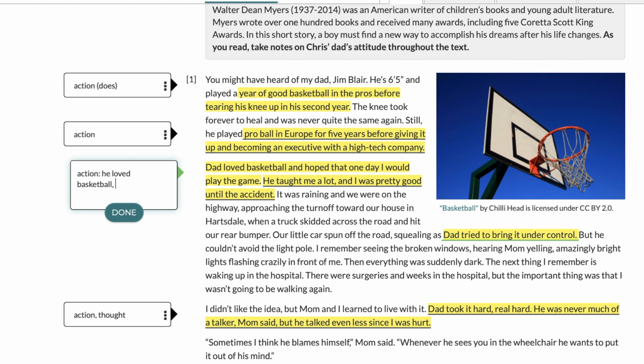So maybe he was feeling that his son would carry the legacy of playing basketball. And we know this because his actions were to teach him everything that he knew until this accident. So his son's job pretty much is to live the dream that the dad never got to finish living, which is a high order. That's a really big burden to put on a child, but this was what the dad is thinking.